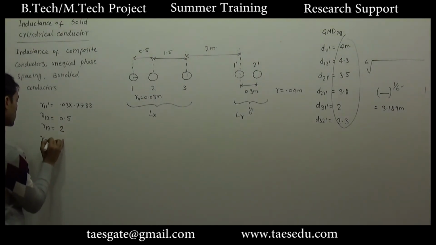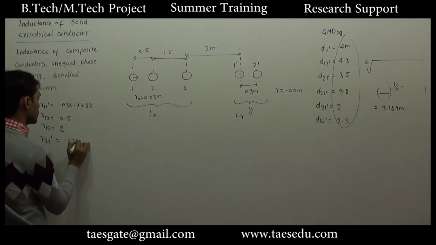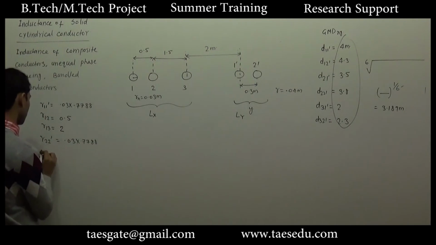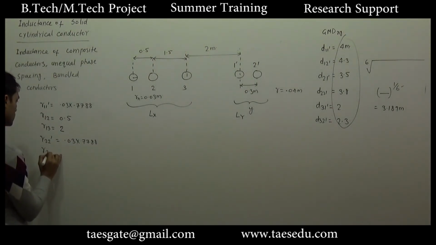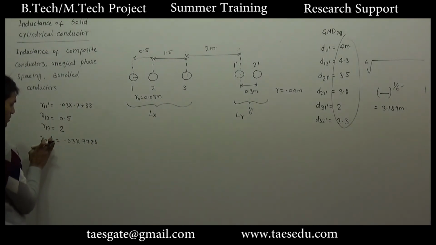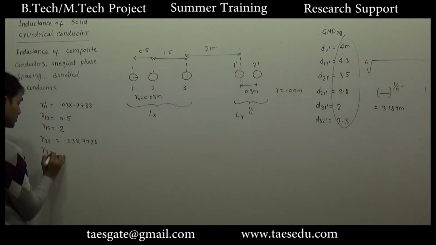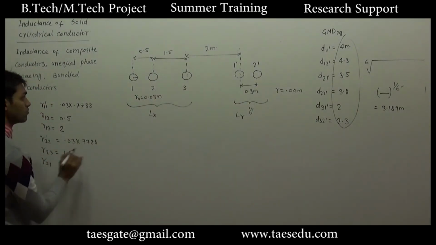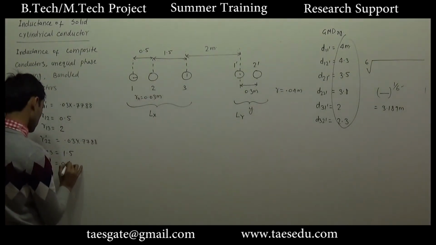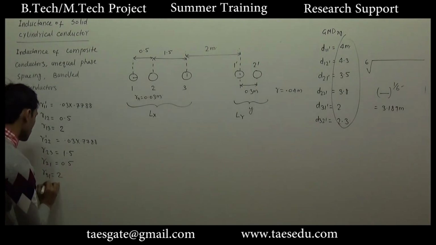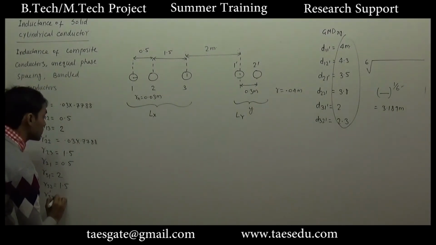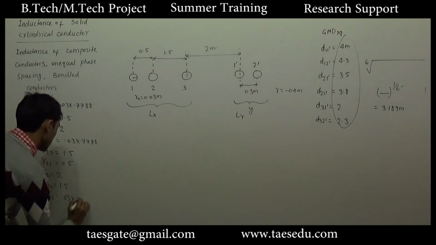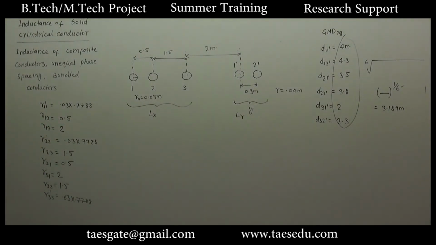Similarly R22 dash will be 0.03 into 0.7788. R23 will be 1.5 meter, and R21 will be 0.5. R31 is 2 meter, R32 is 1.5 meter, R33 dash is 0.03 into 0.7788. So we have 9 distances.